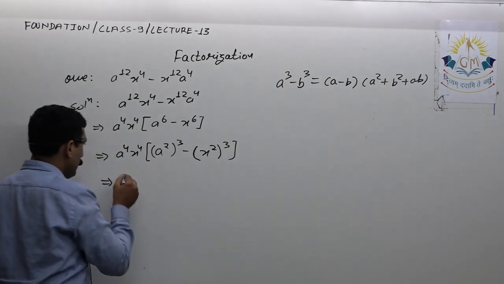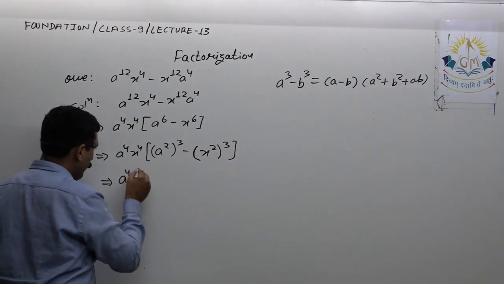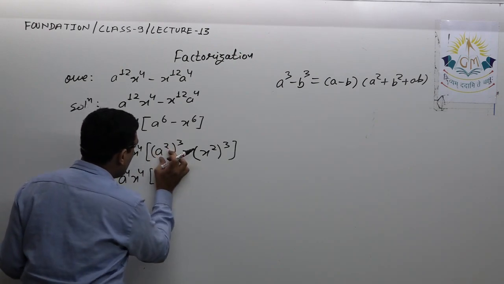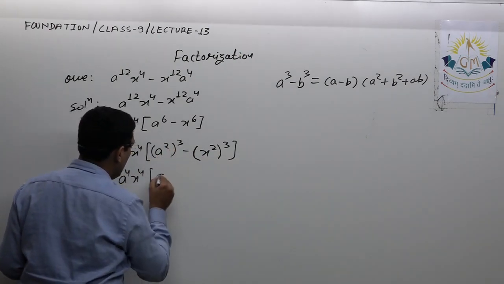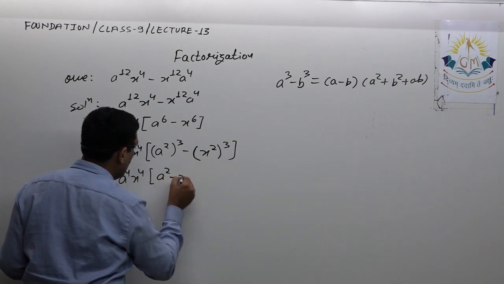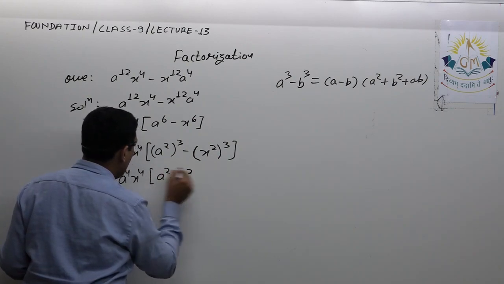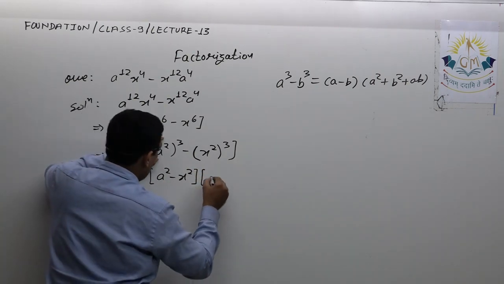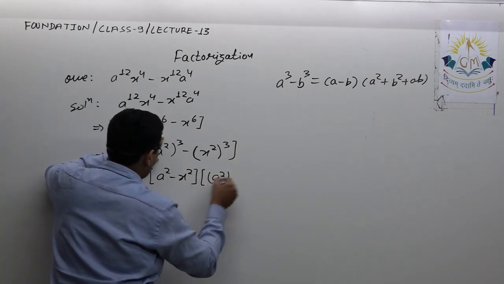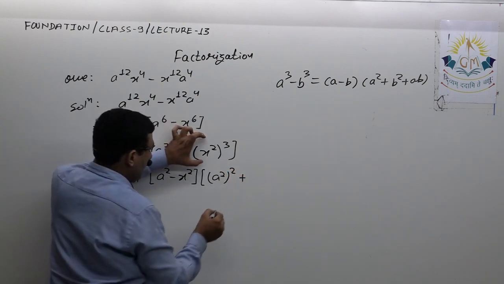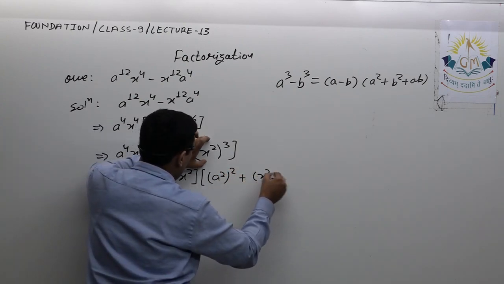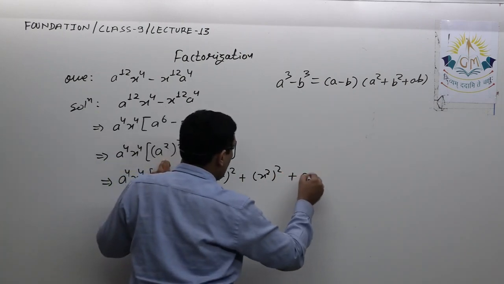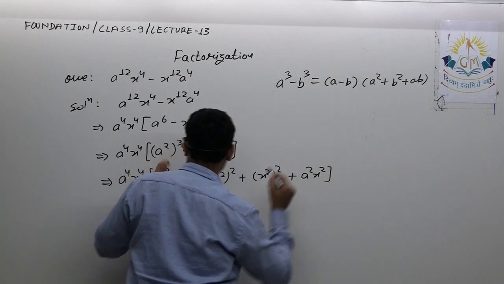Okay, so here I do write a raised to 4 x raised to 4 as it is, a minus b. So here a square is a, x square is b. So a minus b, then a square, that means square of a square, plus b square, that means square of x square, plus ab, that is a square x square.